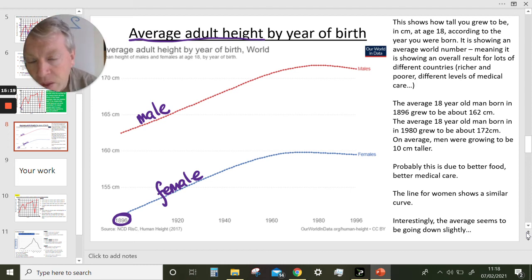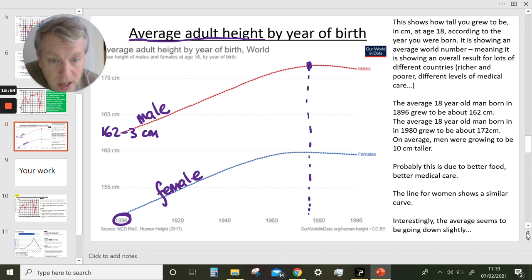Now, fast forward, we can see this line going up. People were getting taller. I wonder why people were getting taller. We can see very clearly. So by 1980 or so, we track the line down to about, a bit wobbly, maybe to about 1980, perhaps a little bit before. Well, we can see that the average height is now 172 centimetres.